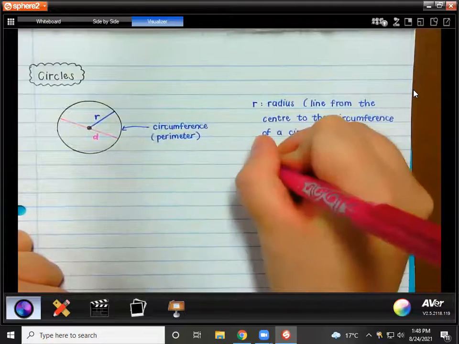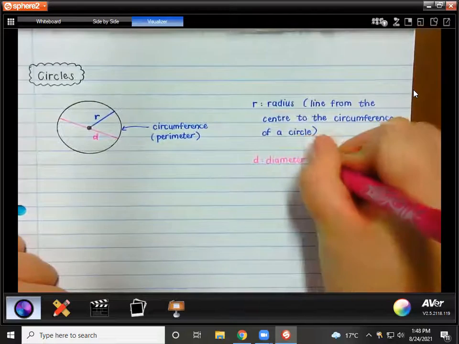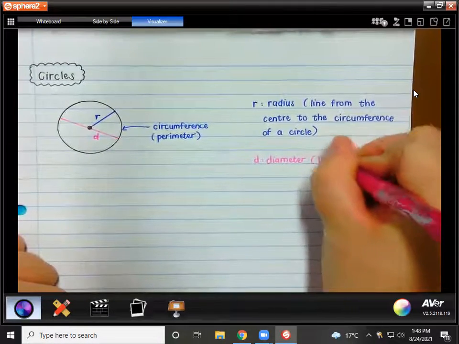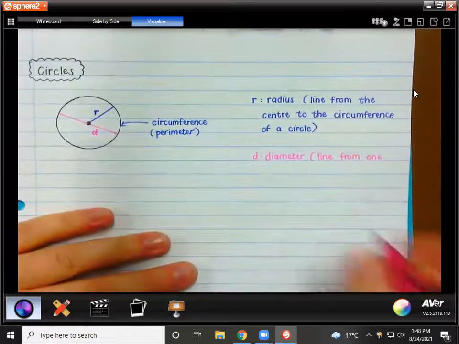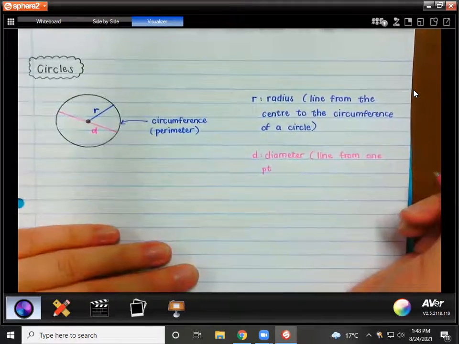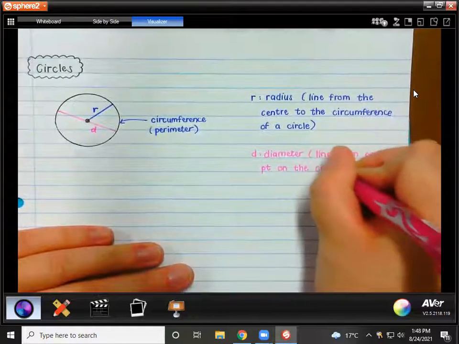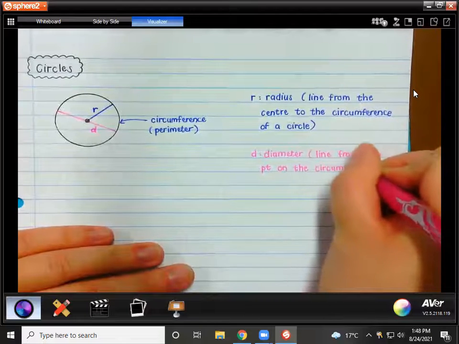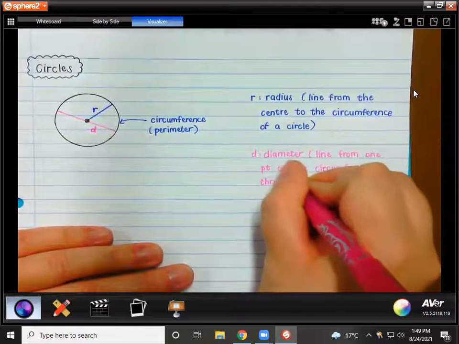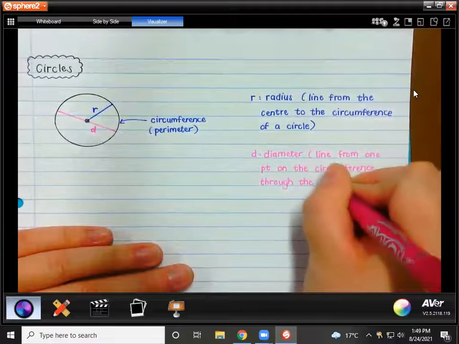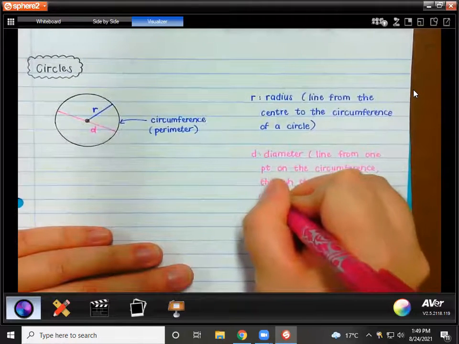D is the diameter. So that is a line from one point (I'm just going to use PT, short for point) on the circumference through the center to another point on the circumference.